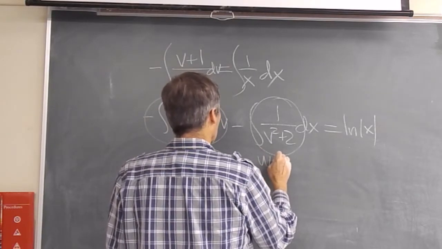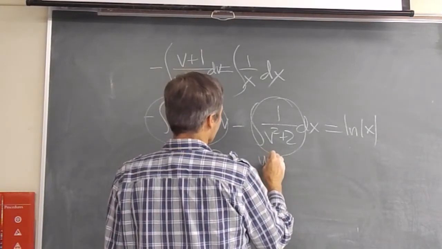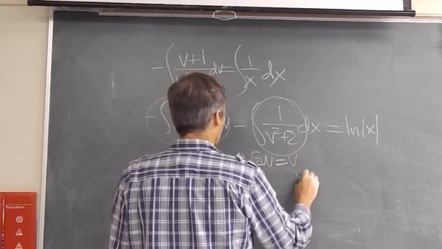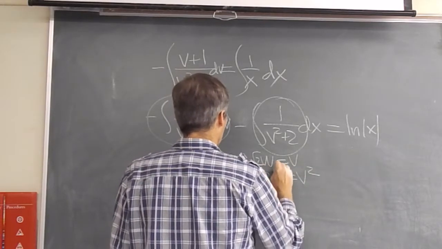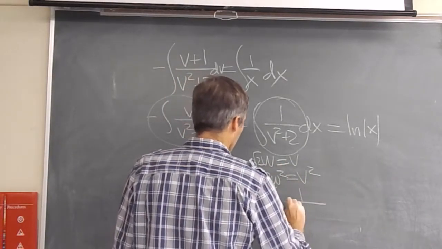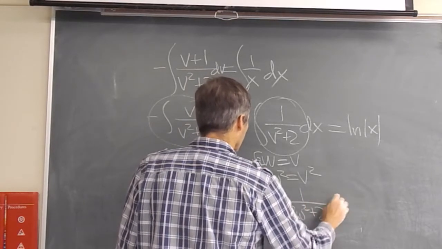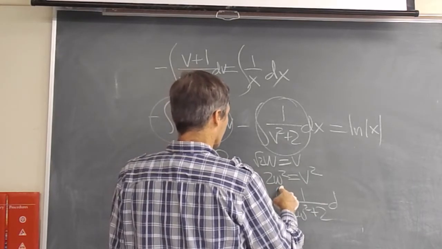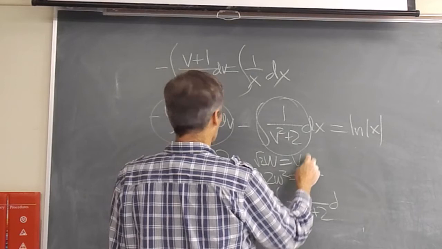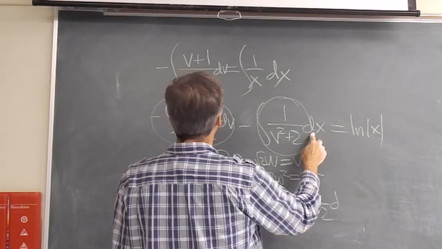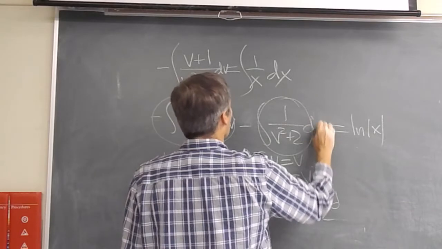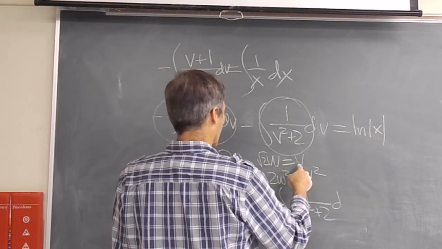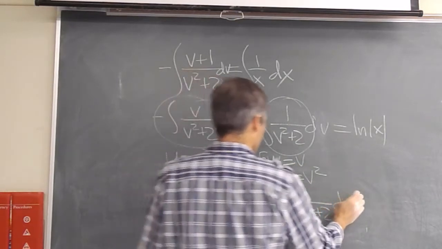Let's say square root of 2 times w equals v, so that v squared is 2w squared. Then this becomes the integral of 1 over (2w squared plus 2) dw, and dv gets replaced by square root of 2 dw.